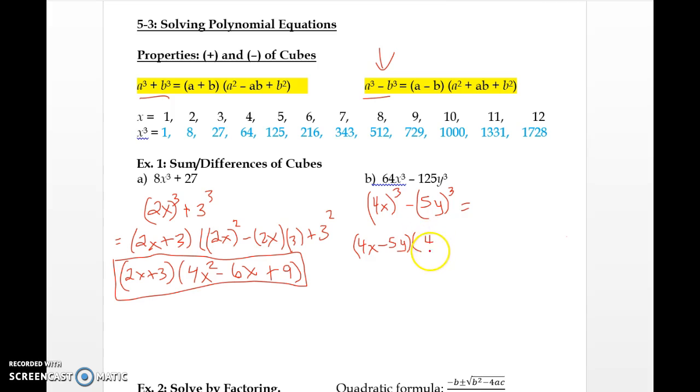times 4x quantity squared plus 4x times 5y plus 5y quantity squared.